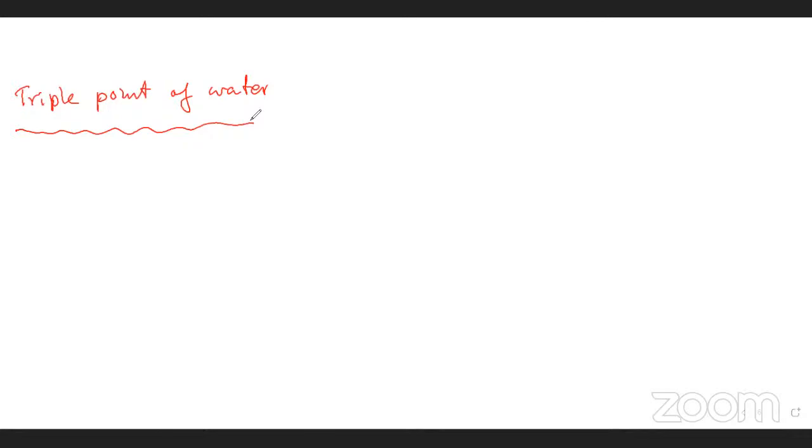And also it can be changed with the pressure. Normally, at 4 millimeters of mercury the temperature becomes 0.01, or it can be different from that. You can say that's at the triple point.